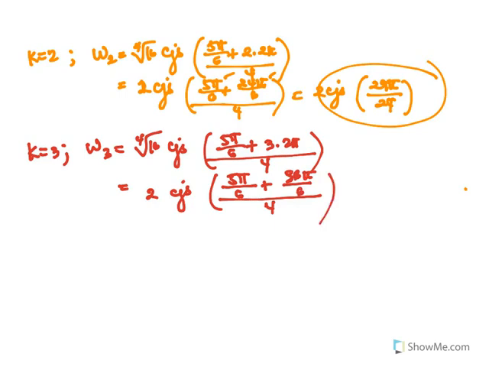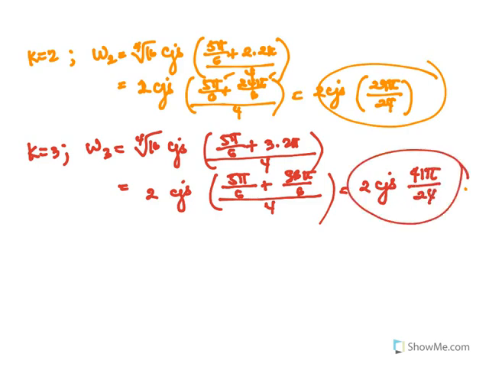And so that's 5 plus 36. You have 41 pi over 6 over 4. So you have 2 cis 41 pi over 24. And so the four roots that we have, 2 cis 5 pi over 24, 2 cis 17 pi over 24, 2 cis 29 pi over 24, and 2 cis 41 pi over 24, are the fourth roots of your given complex number.